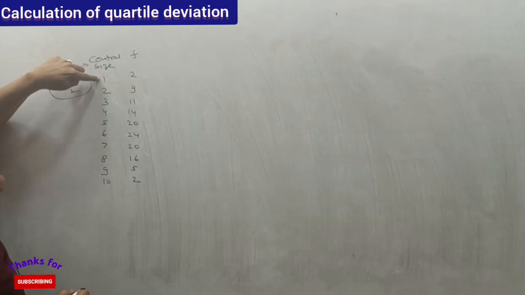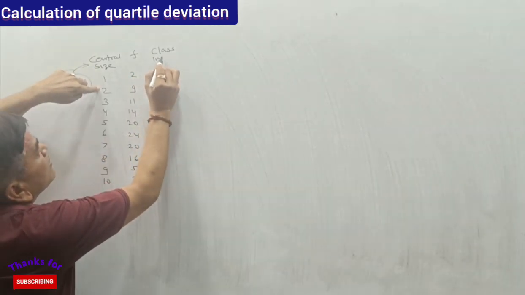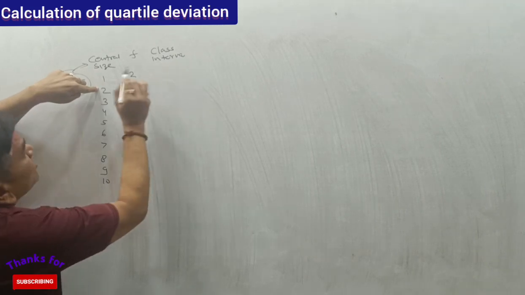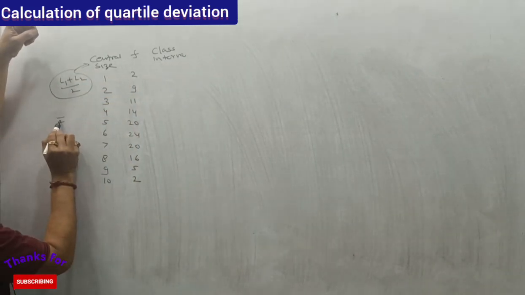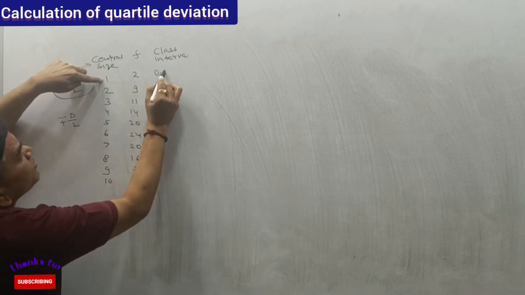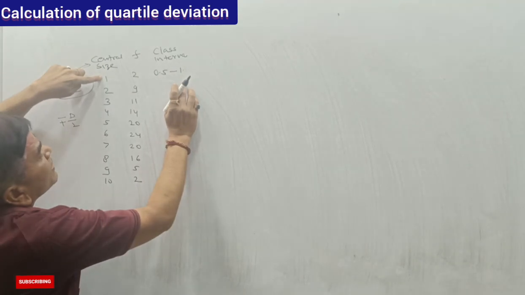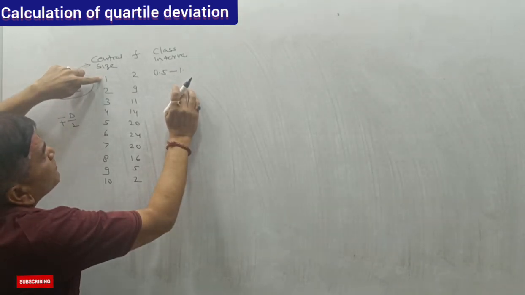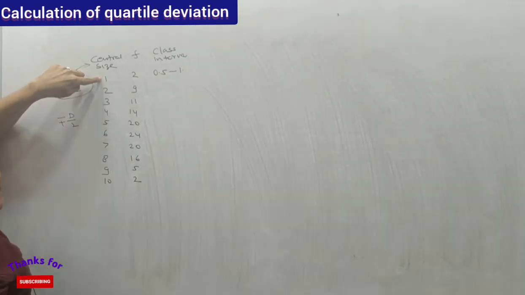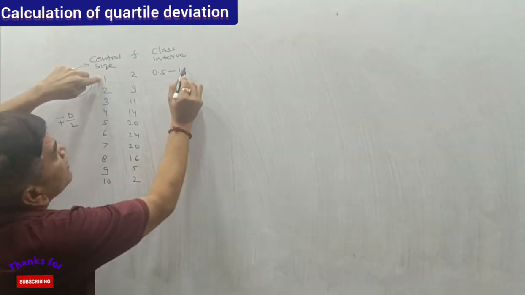So the very first, we will calculate the class interval. The difference is 1, so subtracting and adding half of it, that is 0.5. 1 is the midpoint, so the class will be 0.5 to 1.5.